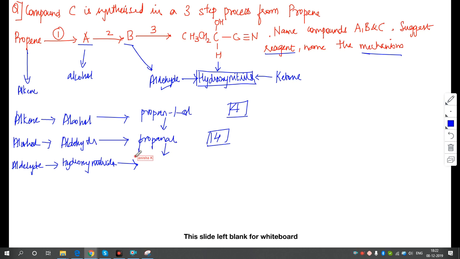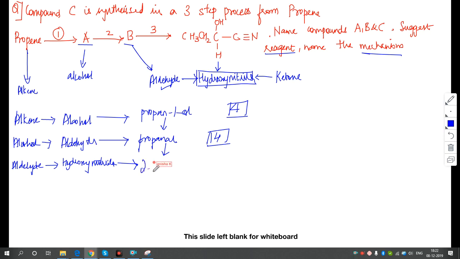Now hydroxynitrile, the compound, right? So when propanal is getting converted into hydroxynitrile, compound C, the name here is 2-hydroxybutanenitrile. 1, 2, 3 carbon atoms, right? Three or four, four carbon atoms.